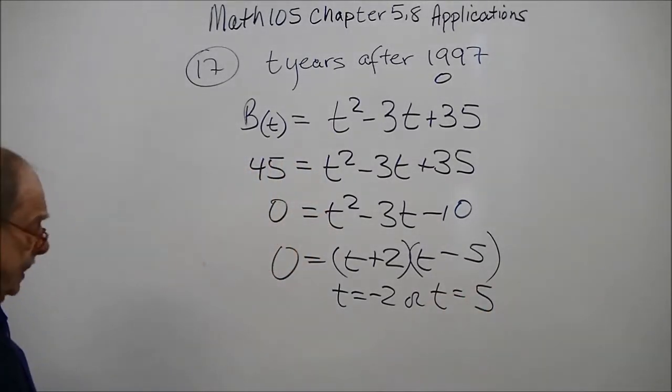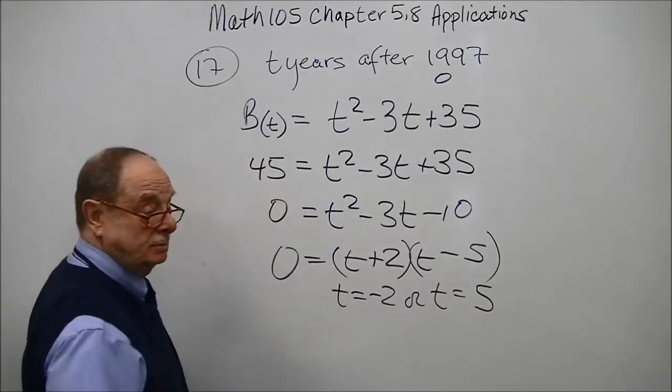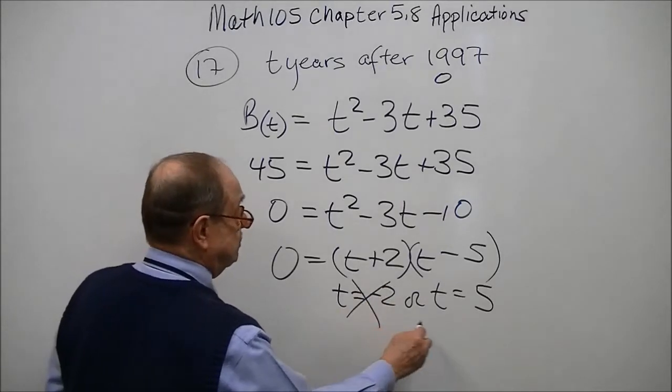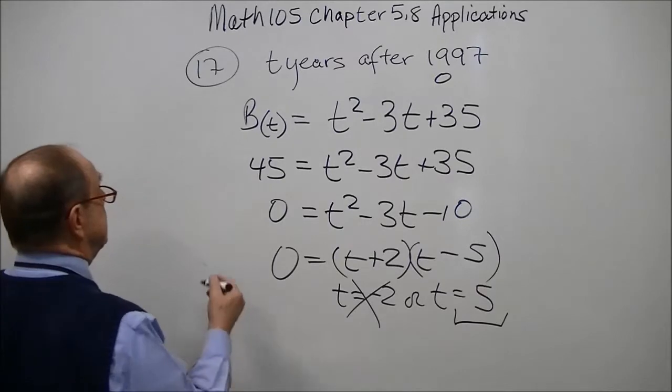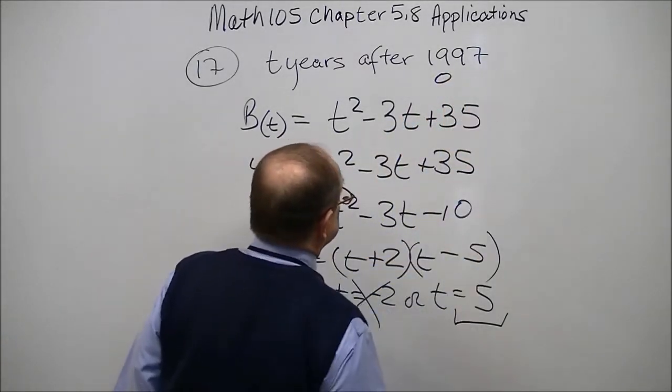So of these two answers, which one are you going to pick out? Does t equal negative 2? So for number 17, it would be 5 years after that.